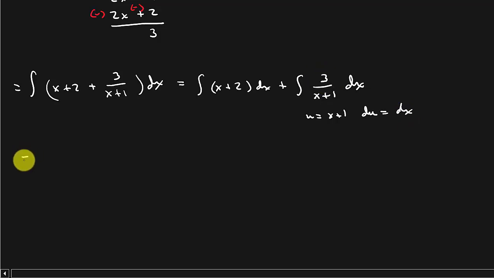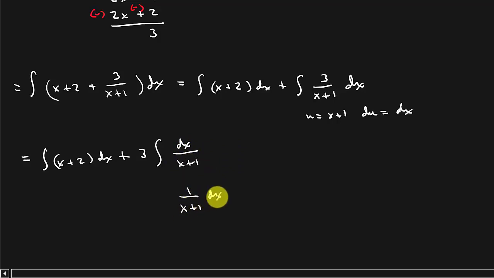So I'm going to rewrite this one more time: the integral of x plus 2 dx plus, and I'm going to pull that 3 out, and that'll leave me with dx over x plus 1. If you wanted to, you could write 1 over x plus 1 dx. It's the same thing. It doesn't matter if it's up here in the numerator or over here on the side.